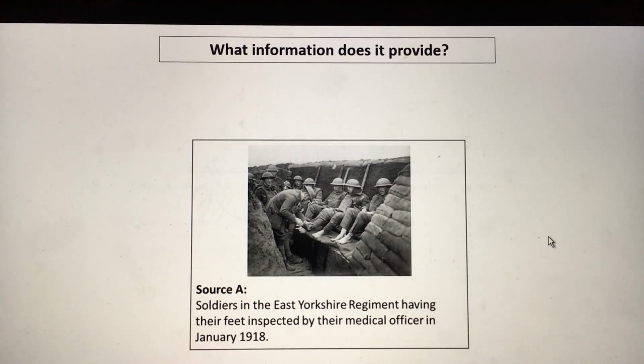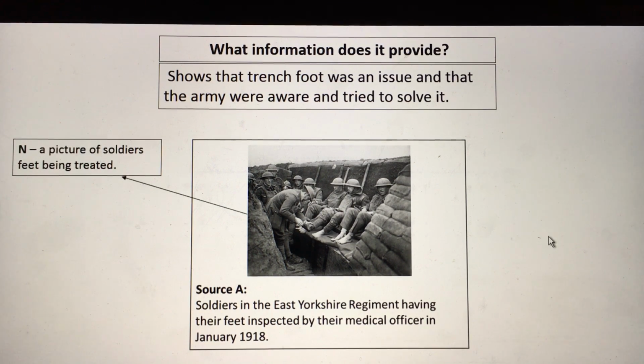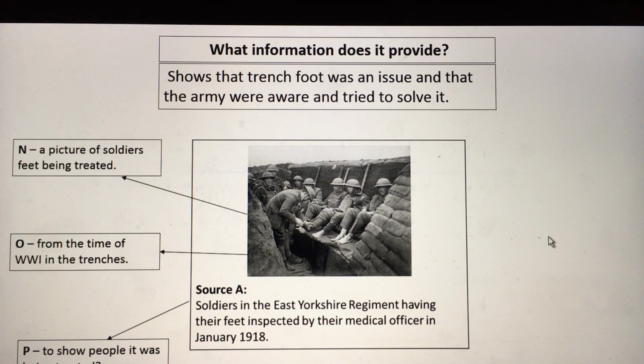So, here is source A. It shows us that trench foot was an issue and that the army were aware of it and tried to solve it. The nature of the source, so remember we're looking at nature, origin and purpose here to test how accurate the source is. Okay, so we're looking at these 3 things to test how accurate the source is.